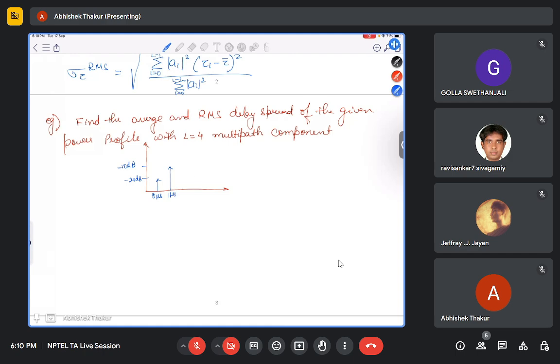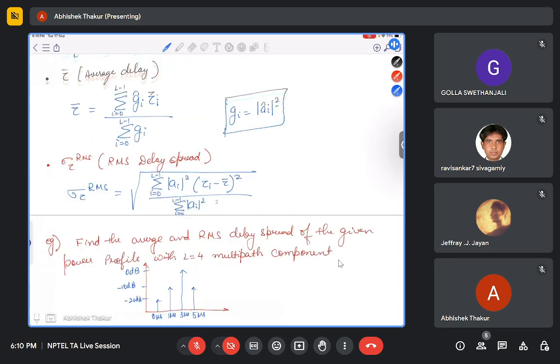At t equal to 3 microsecond, the signal component arrived at 0 dB. And at t equal to 5 microsecond, the signal component had a power of minus 10 dB. So this is the power profile given for L equal to 4 multipath components.